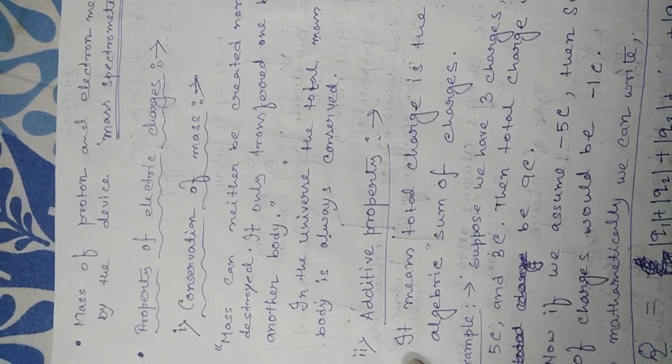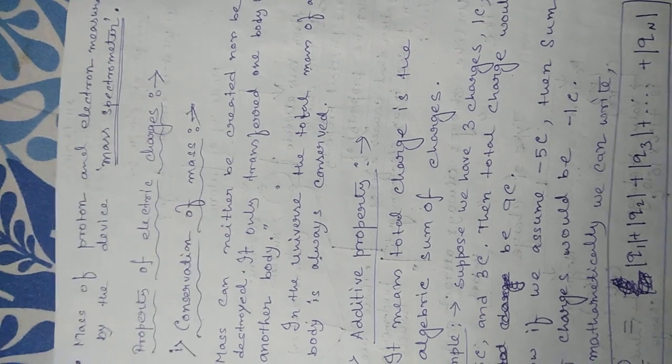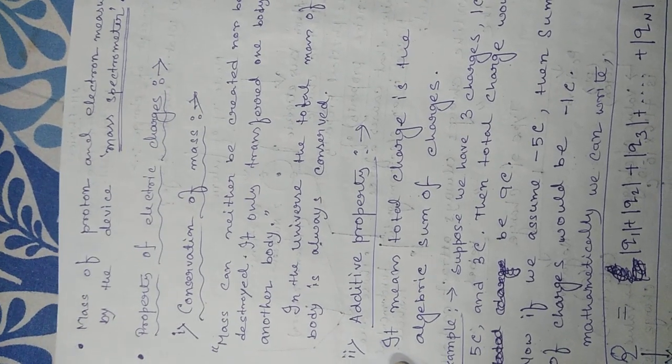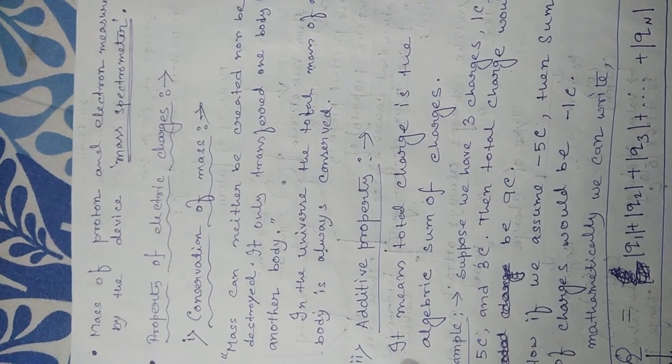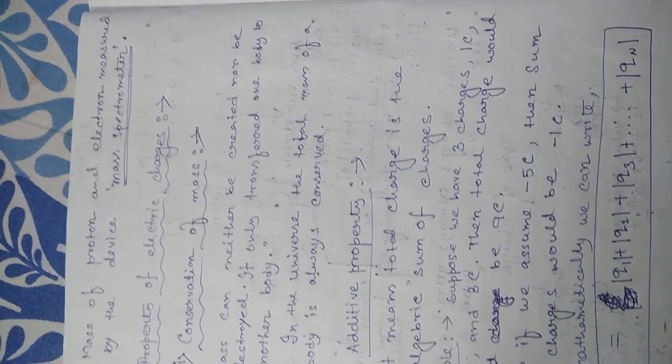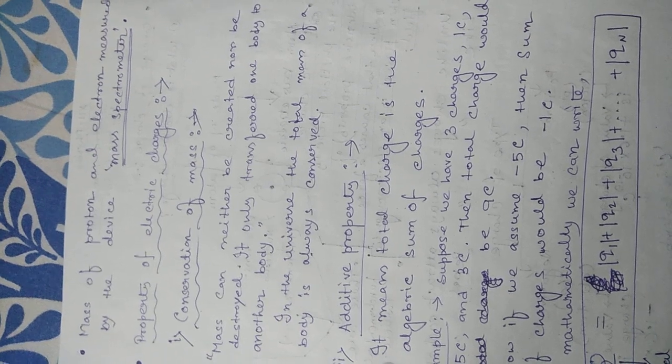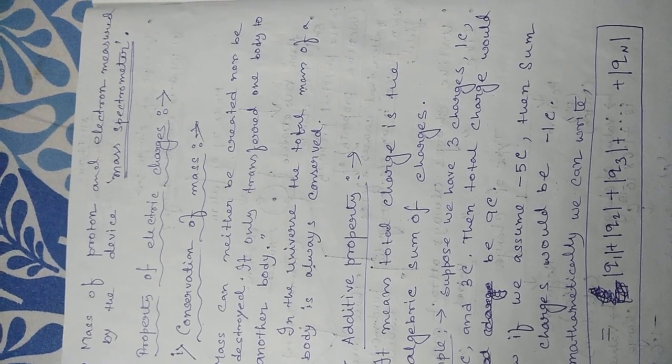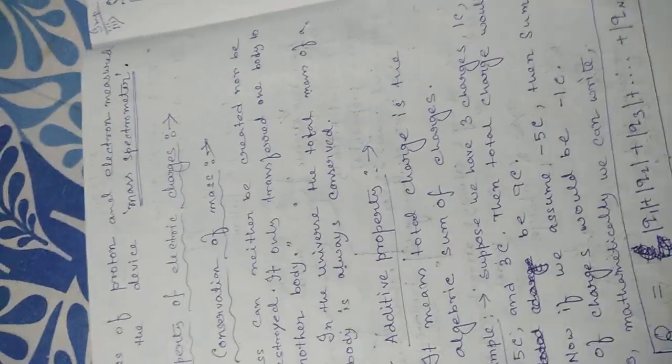The first property, which we also studied in class 10, is conservation of mass. That means mass can neither be created nor be destroyed. It is not mass, it is conservation of charge.